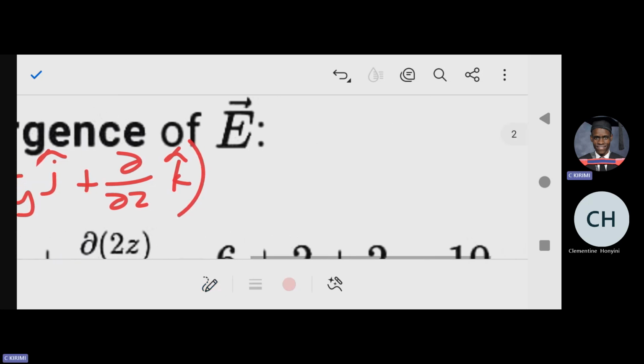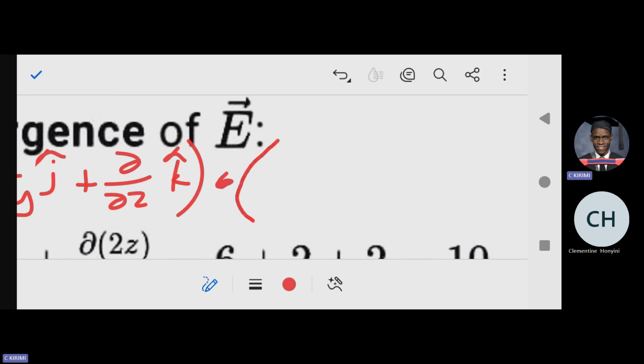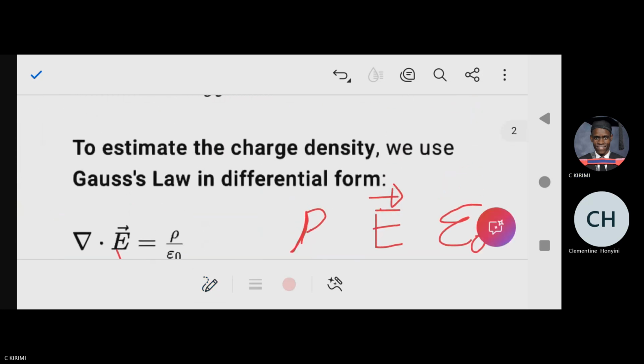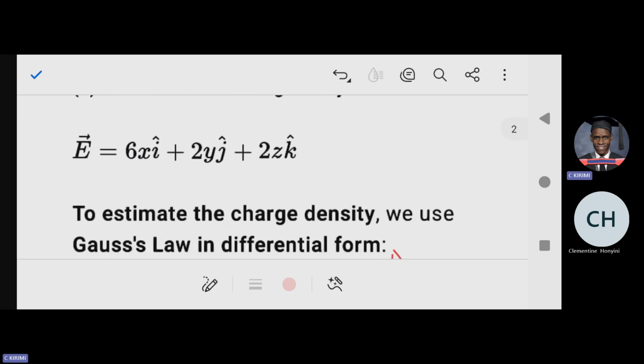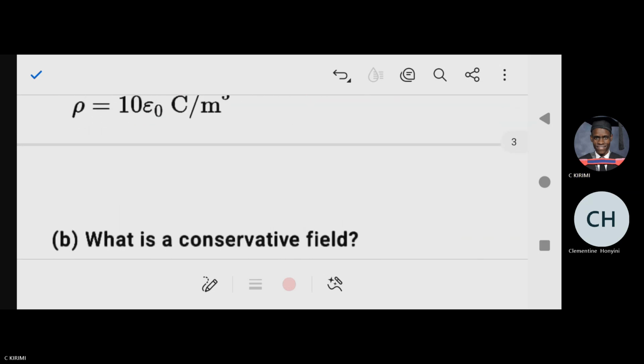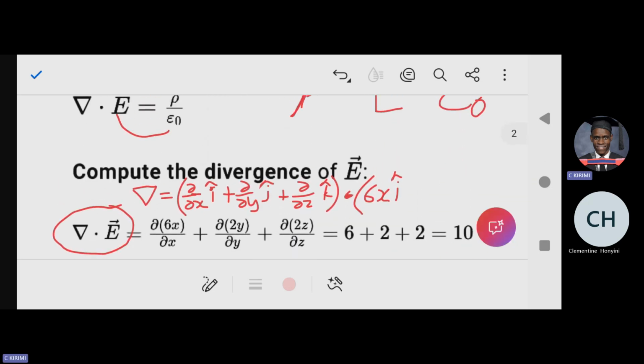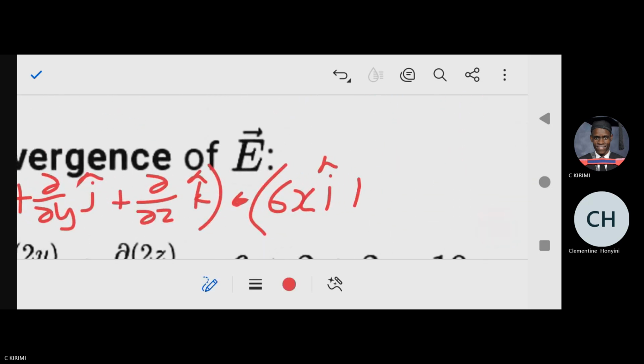So when you dot those two, you put a dot here, in brackets: 6x in the I direction plus 2y in the J direction plus 2z in the K direction.